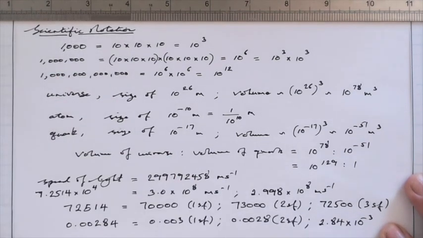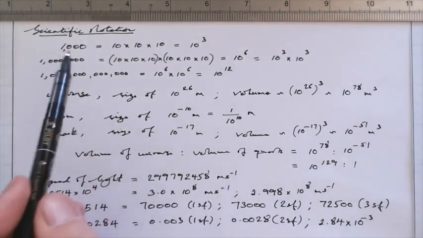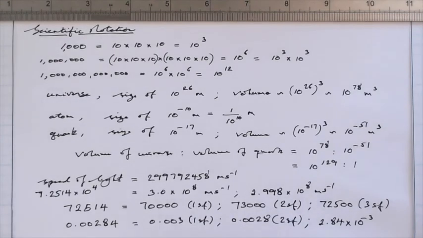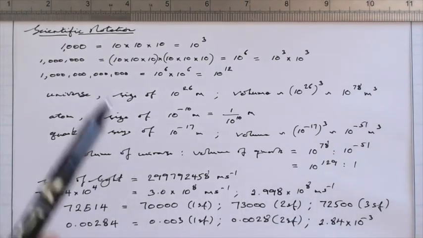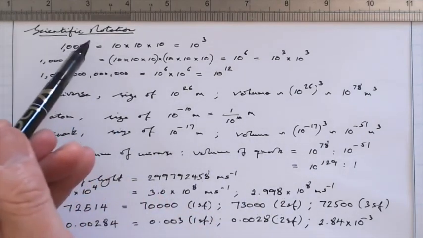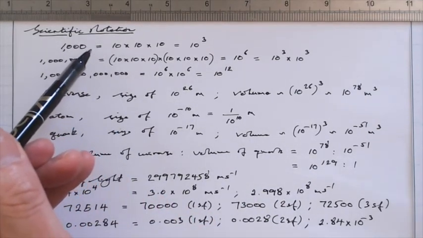So I hope this has been helpful and also interesting in thinking about scientific notation. The utility is not in this kind of pernickety writing numbers, it's really in being able to manipulate very large or very small numbers to describe the amazing universe in which we live.